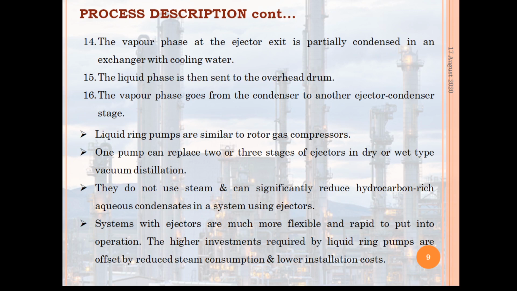So from these points, the vapor phase goes from the condenser to another ejector condenser stage, and then to the liquid ring pumps, which are similar to rotary gas compressors. The combinations of ejectors and liquid ring pumps create the vacuum, and the higher investment required by the liquid ring pumps is offset by reduced steam consumption.